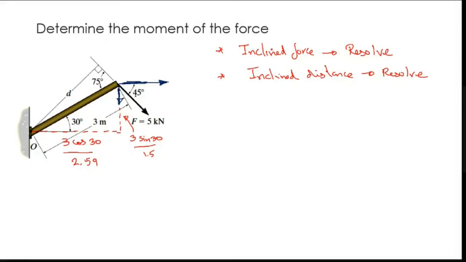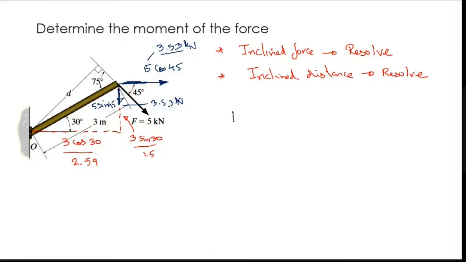When I resolve this, 45, bring it to this side, your angle is decreasing, so it will be 5 cos 45, and this side will be 5 sin 45, right? Of course, what is cos 45? 5 cos 45 is 3.53. The same will be for this also, so this will also be 3.53, right? So we resolved all the forces, and we got everything in terms of kilonewton, and we also resolved the distances. Now I can take my moment.